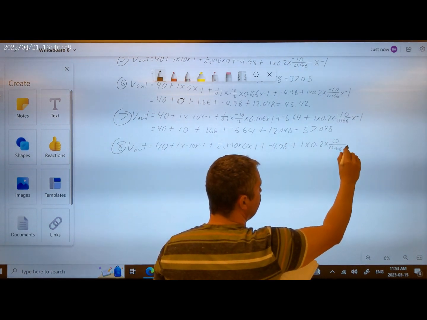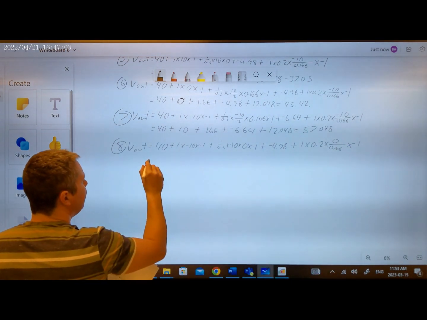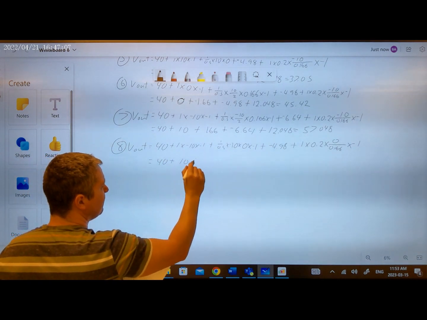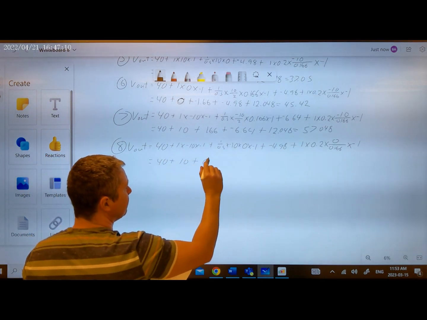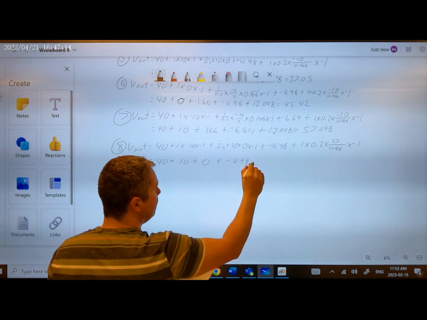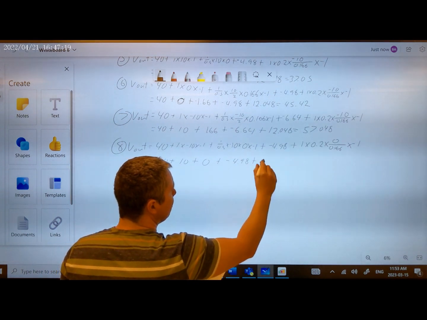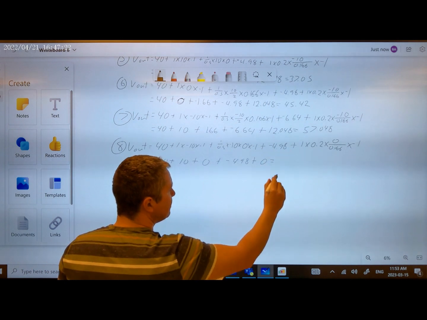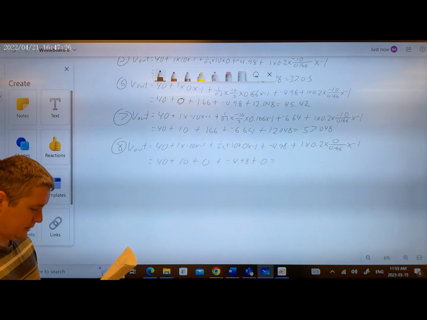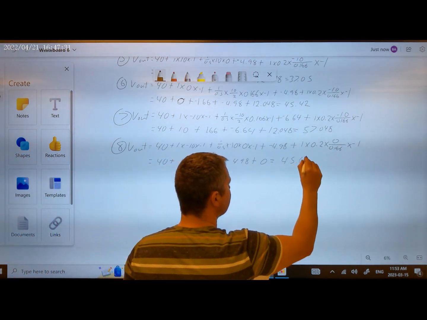So our ramp rate will be 0 times minus 1. And that equals 40 plus 10 plus 0 new integral plus minus 4.98 of old integral plus 0 derivative, because we have plateaued. And that now gives us 45.02.